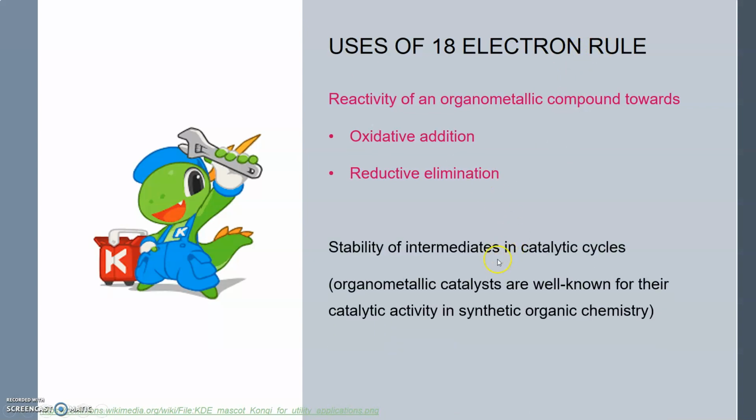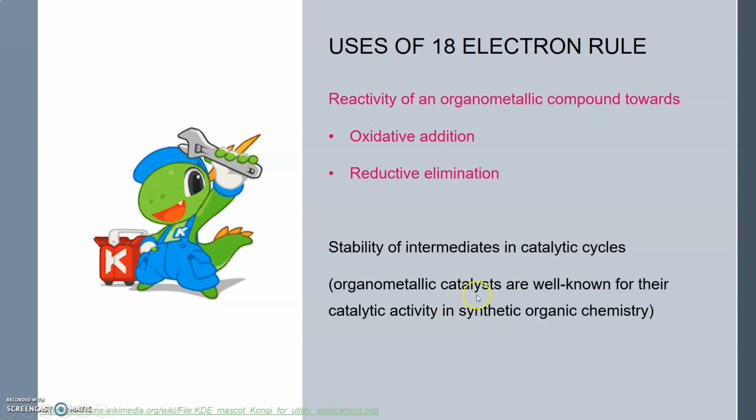The next use is to find out the stability of the intermediates in catalytic cycles. Organometallic catalysts are well known for their catalytic activity in synthetic organic chemistry. There are many organic reactions and many syntheses and manufacturing of drugs that are done based on organometallic catalysts.